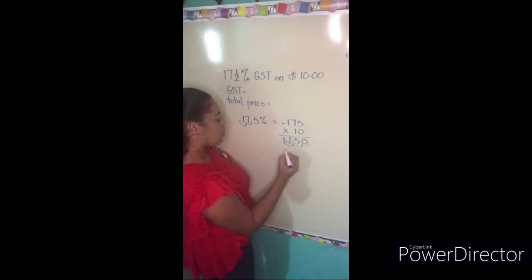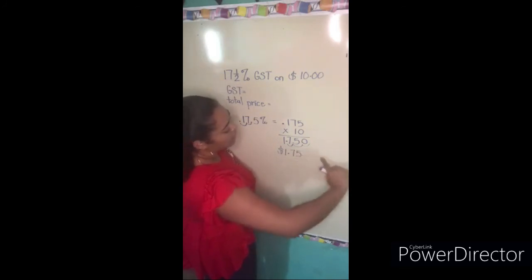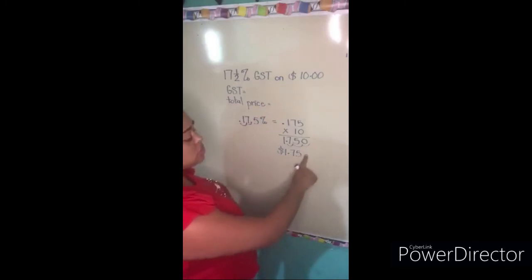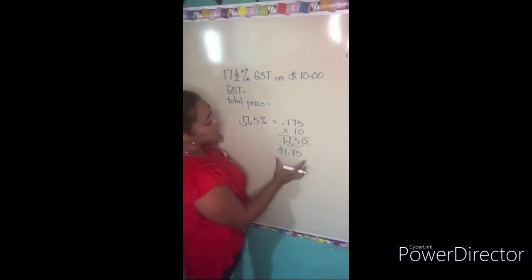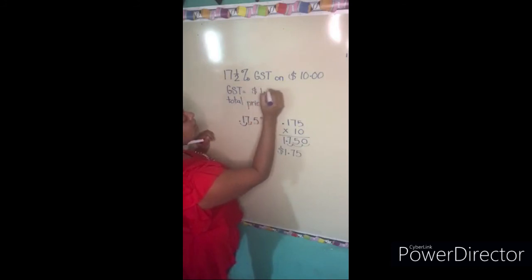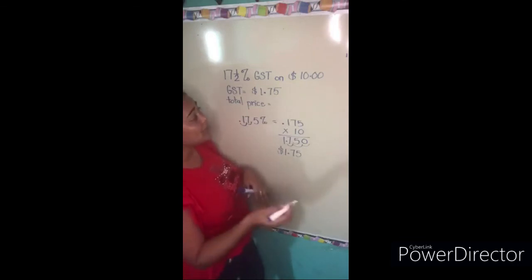So we end up at 1.75. Alright? We don't add the zeros behind. If it's the last number behind a decimal, it has no value. So we won't add it. So our total GST would be $1.75.